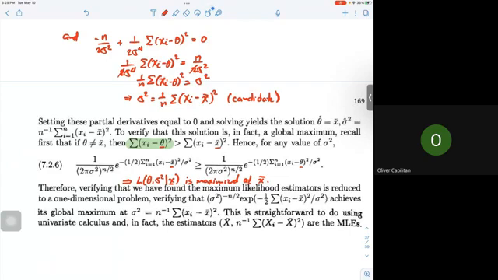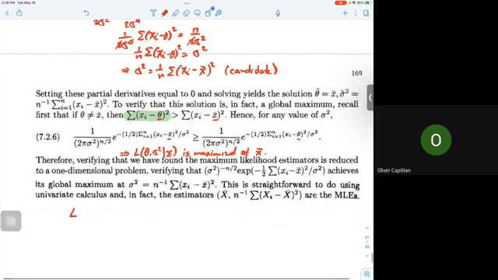So it says here, therefore verifying we have found the maximum likelihood estimators is being reduced to a one-dimensional problem. Okay? One-dimensional problem na lang. Alam naman natin yung theta, kasi yung theta is equal to the sample mean.